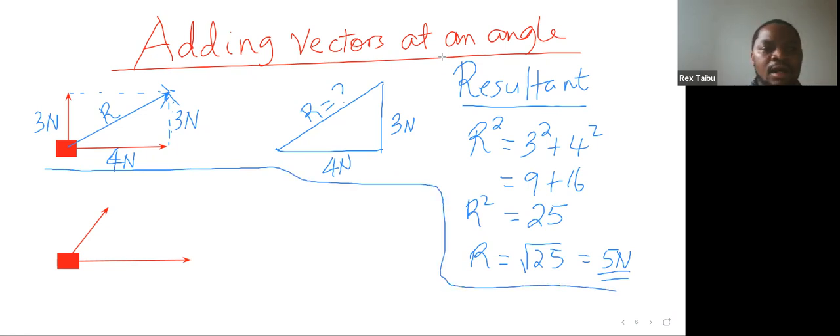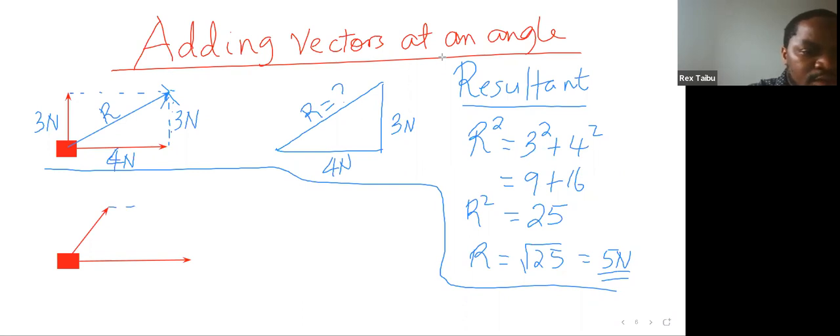Okay. Sometimes you are given vectors at an angle less than 90 degrees. In this case, you just have to measure the lines, maybe using a ruler. But the first thing to do is to complete the parallelogram as usual.